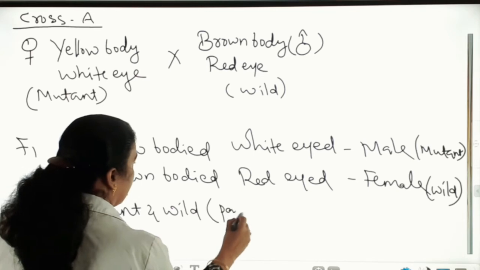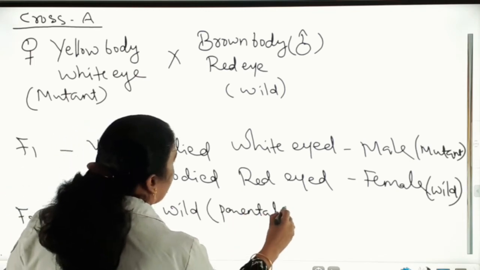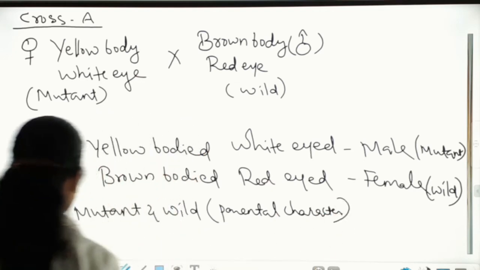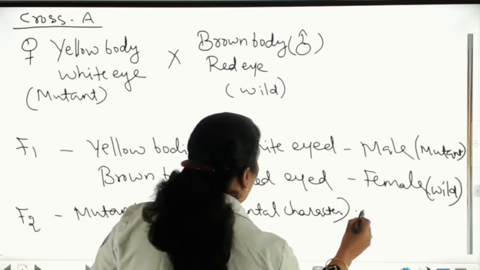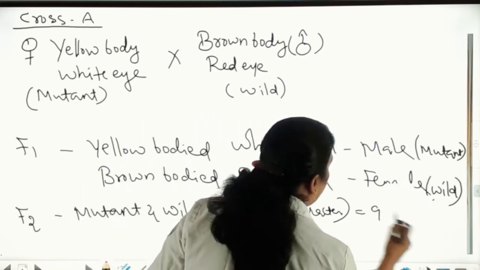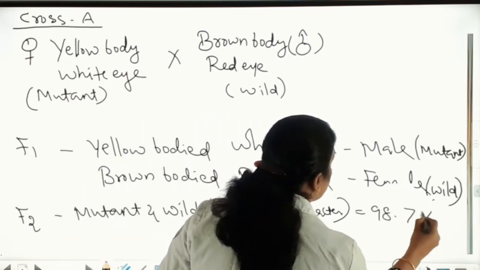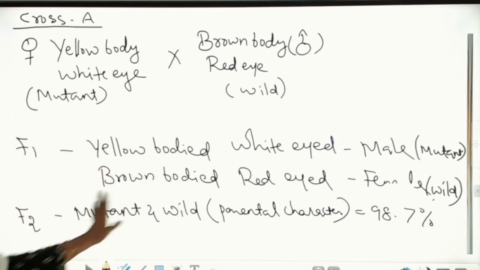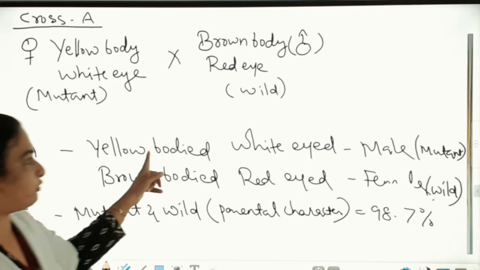That is the parental character. Parental genes or parental character, that is 98.7% of the offsprings. Sorry, 98.7% of the offsprings are showing parental characters such as mutant and wild character. Which are the mutant and wild character?